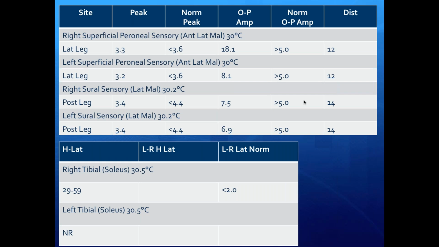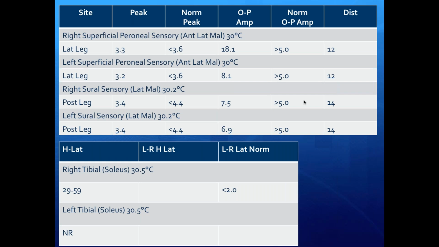We need to do a little bit more digging to try to find out where the problem may be. So we see the findings here that we have one positive finding, definitely: the H reflex on the more symptomatic side is abnormal.